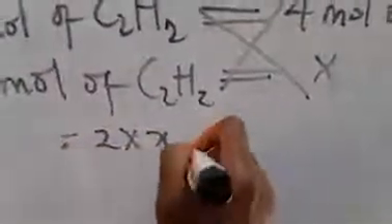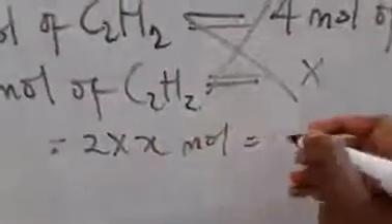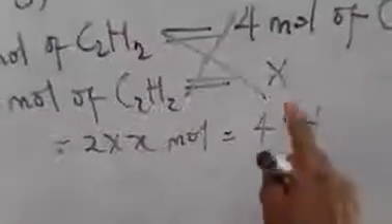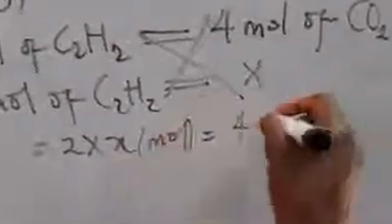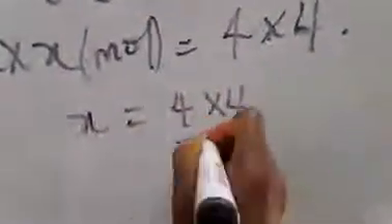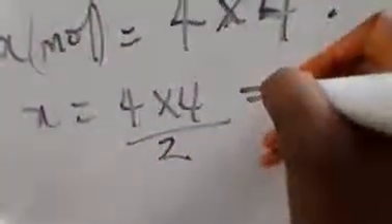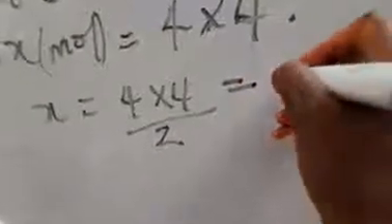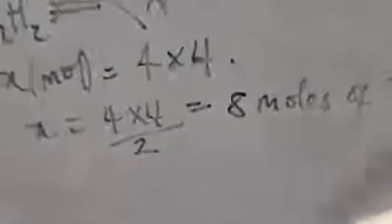We have 2 times X moles equals 4 times 4. So X will now be 4 times 4 over 2, which will give us 8 moles of carbon dioxide. So 4 moles of ethylene will give us 8 moles of carbon dioxide.